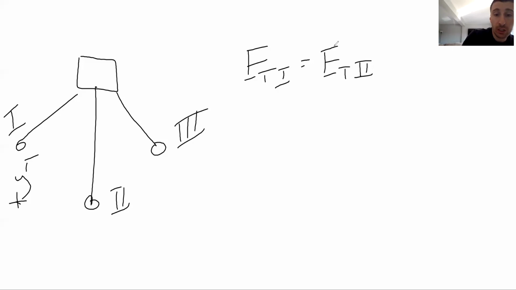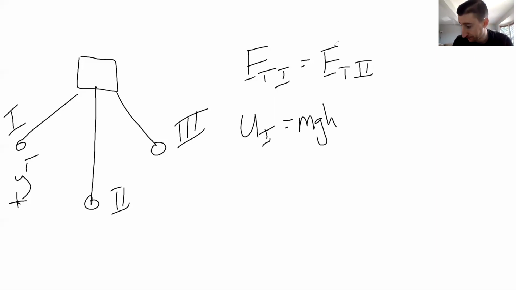So energy at 1 is just potential energy, which is equal to mgh. Now, the energy at point 2: I've set that to be my height equals 0 point, because my height is going to be equal to y, so I can say this is y instead of that.